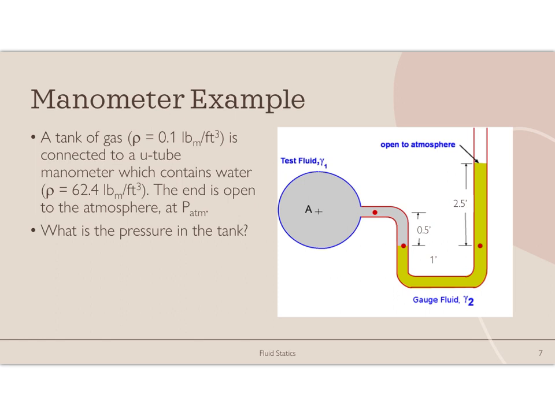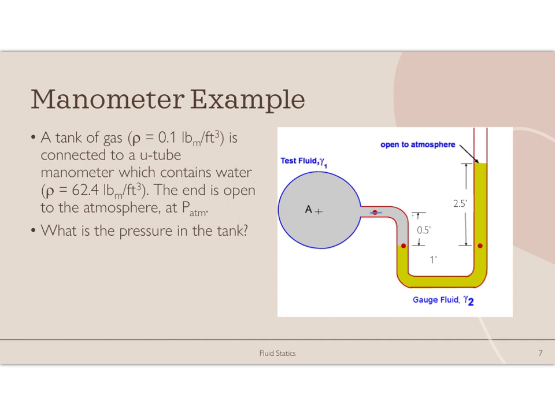Now, what we have here, given information, is that at this point here, the center point of our tank, the gas is pushing down on the water, and it's pushed it down half a foot. And then there is a U, and the bottom of the U is 1 foot below that.